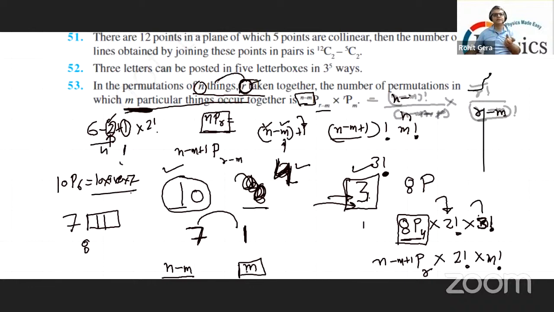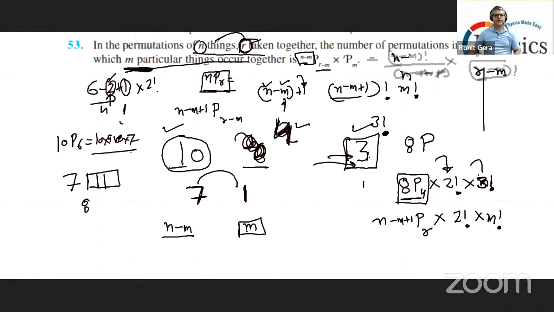So from the rest you're selecting r minus m. If n is 10 and this is your togetherness, so this is 7 P, and then total 4 have to be selected, 3 have to be together, so you're left with only 1. Multiply by 4P3, which is 4 factorial.